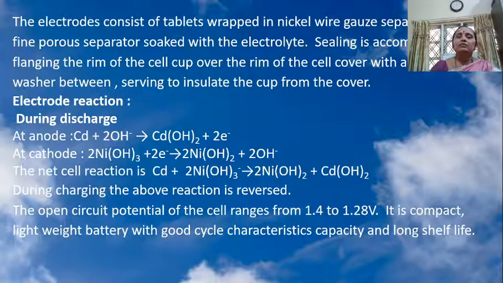The electrodes consist of tablets wrapped in nickel wire gauze, separated by a fine porous separator soaked in electrolyte, and the electrolyte is 6M KOH.